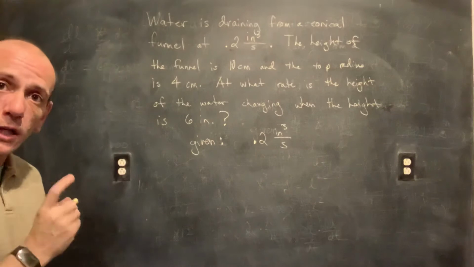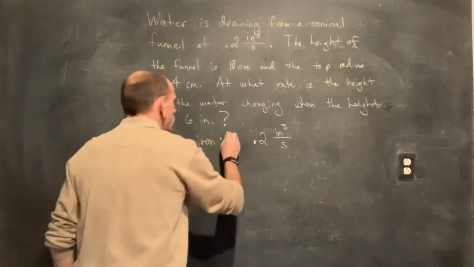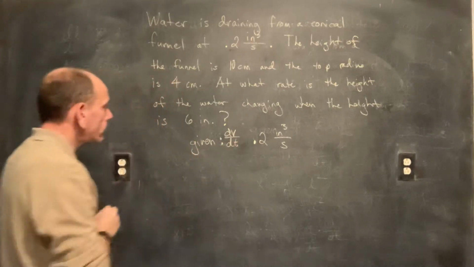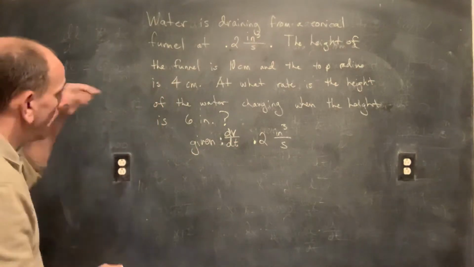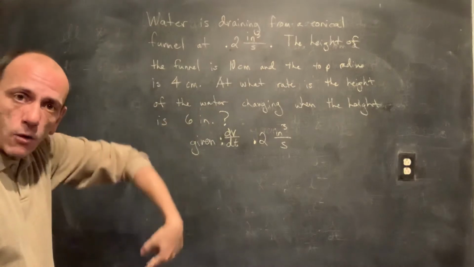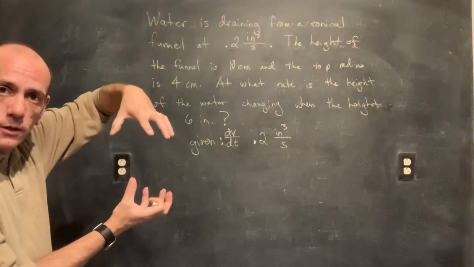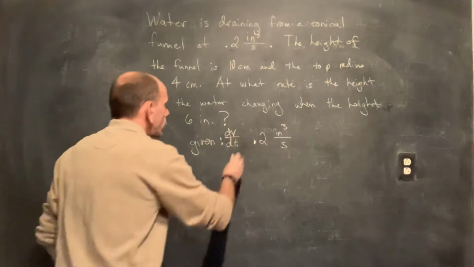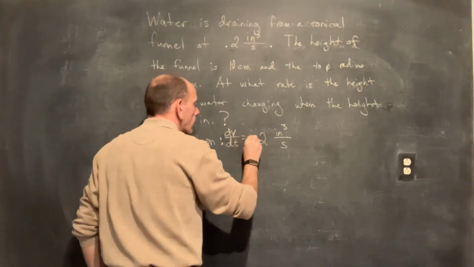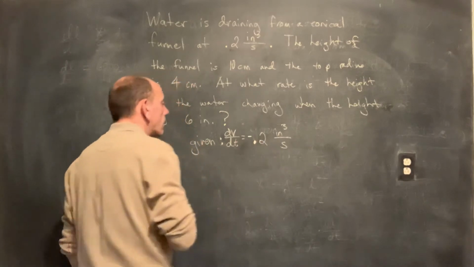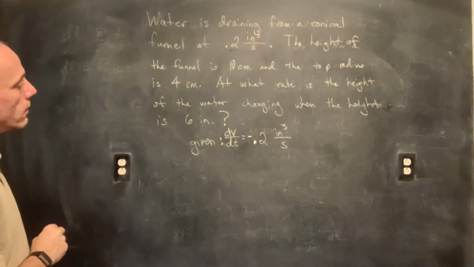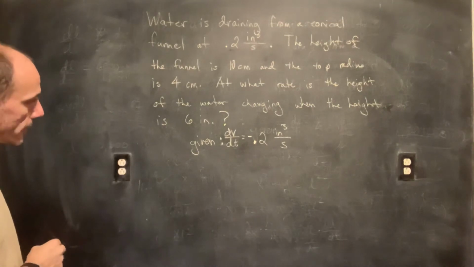It's inches cubed, so that looks like a change in volume with respect to time. And now we've got to think about it. It's draining out of the funnel, right? So the volume must be decreasing. All right, so there's our given rate.